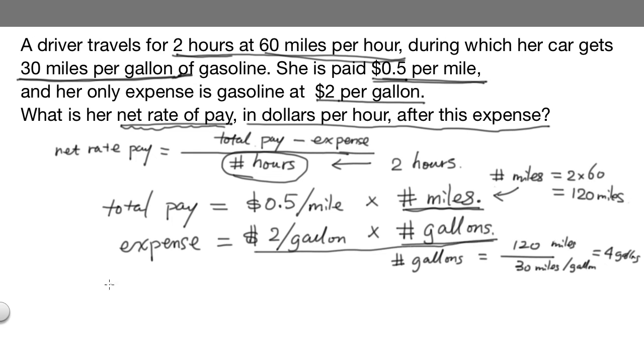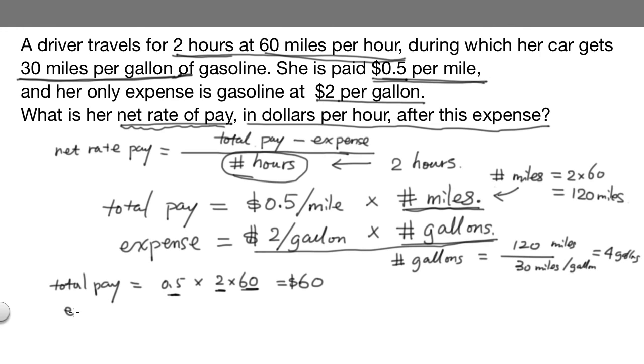Okay, let's put everything together. The total pay equals $0.5 per mile times the total miles, 2 hours at 60 miles per hour, so 120 miles, and this equals $60.